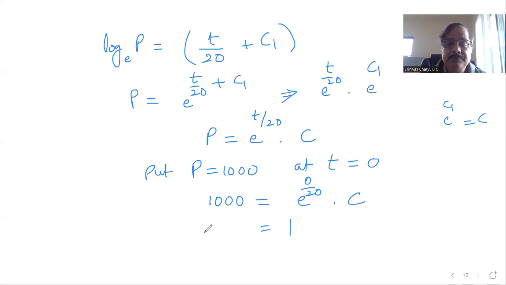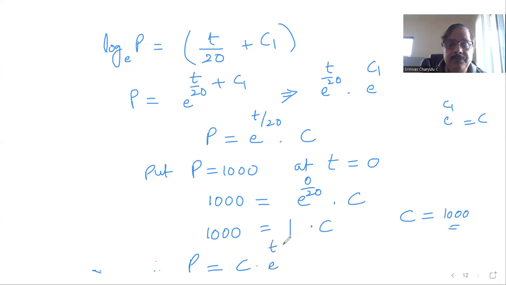Here 1 will come into c, so c is equal to 1000. Therefore, our general equation now, P is equal to c into e to the power of t by 20, will become 1000 into e to the power of t by 20. So what we did is we substituted 1000 here for the principal and then got the value of c.